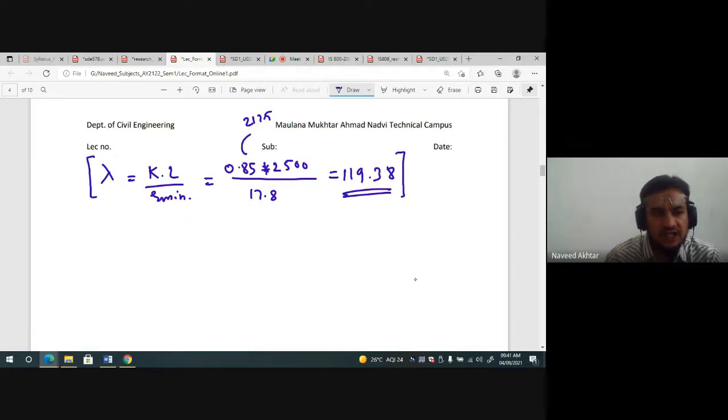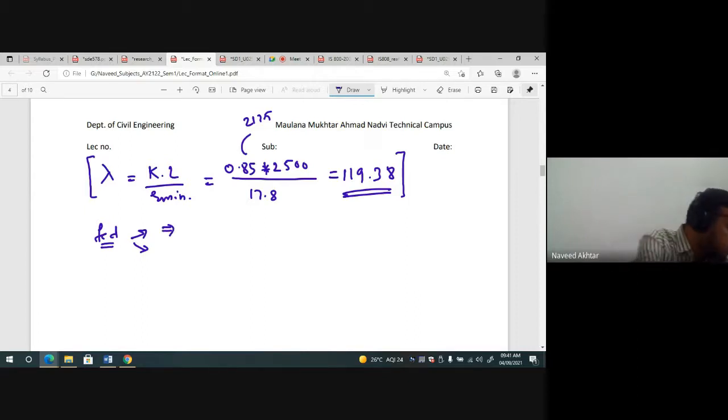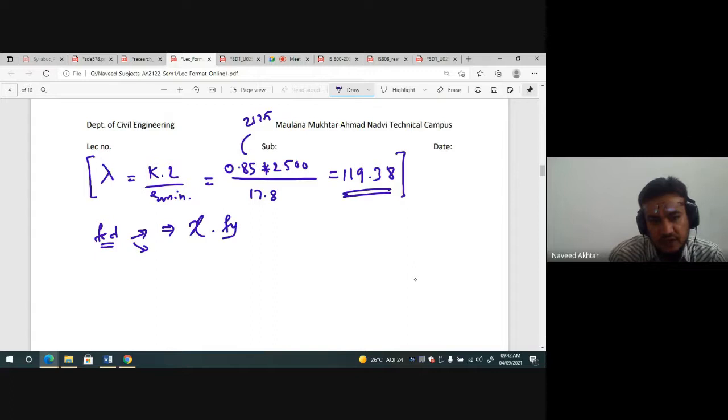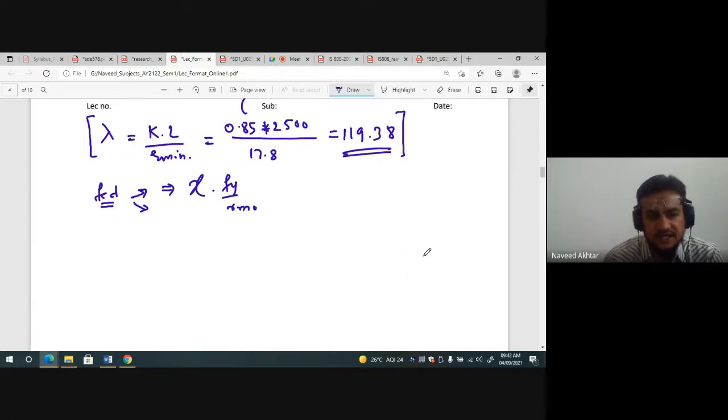Now we have to find out the FCD. The FCD you can find out by the empirical equation. If we go by the empirical equation, it is given that FCD is equal to stress reduction factor chi into Fy upon gamma m0. And what is the value of chi?